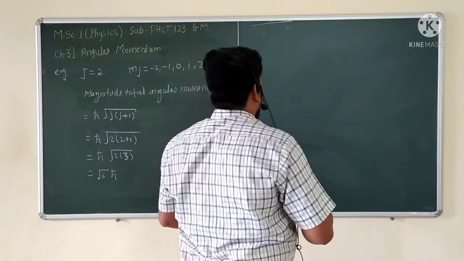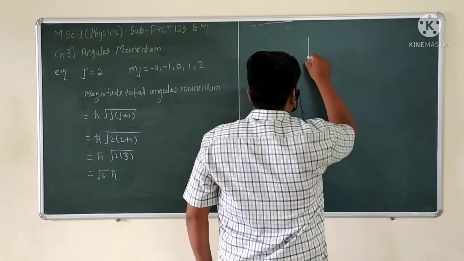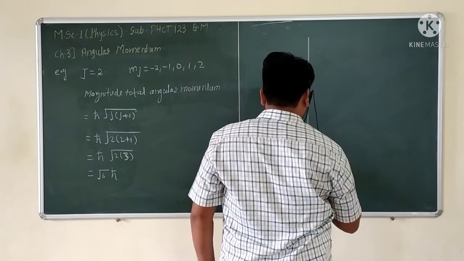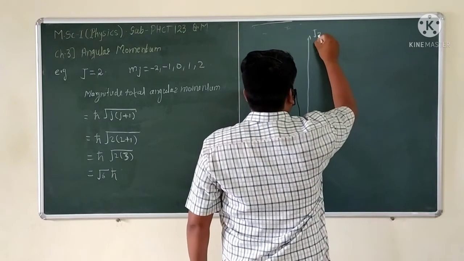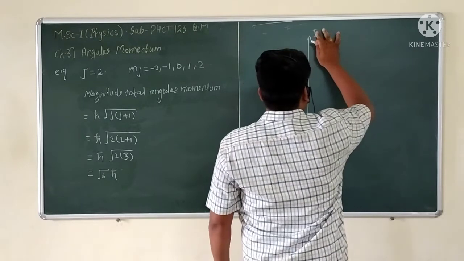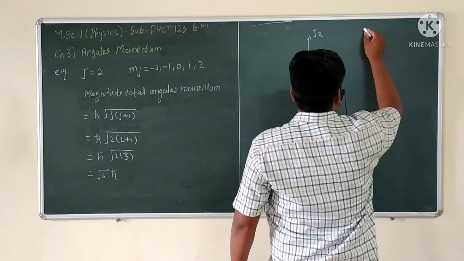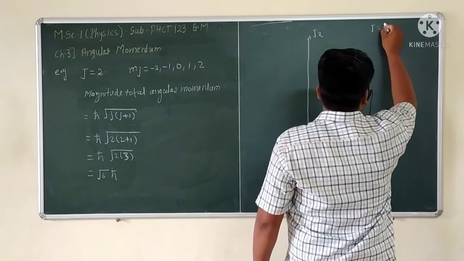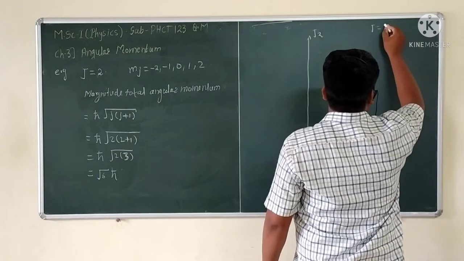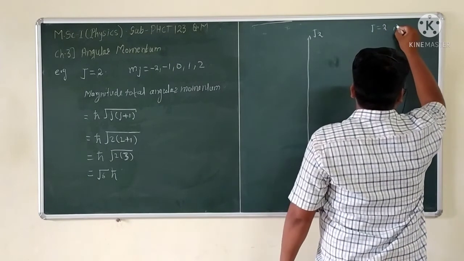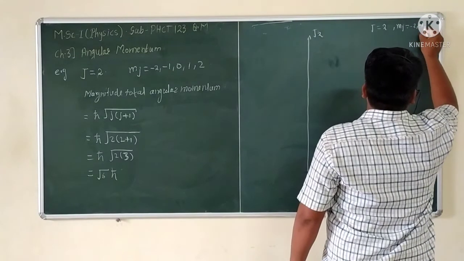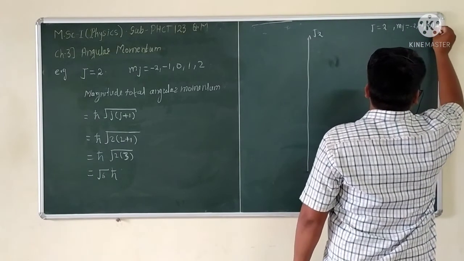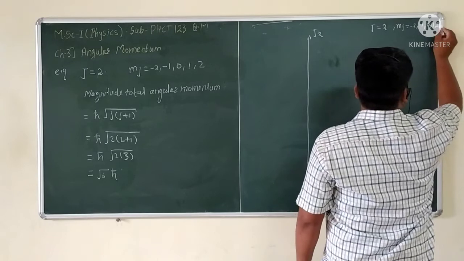This is the vertical axis, this is our magnitude axis, that is the jz, okay. And for j is equal to 2, the mj value is -2, -1, 0, 1 and 2, okay.